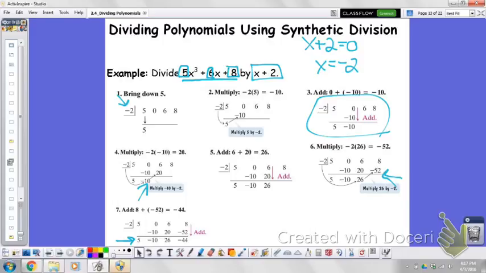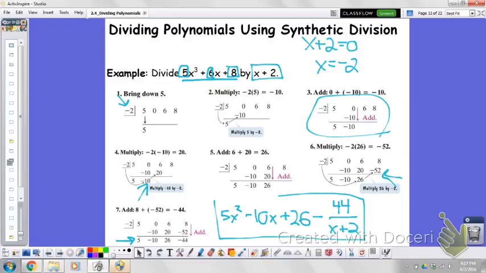So our answer is going to be 5x squared minus 10x plus 26 minus 44 over x plus 2. So that is our solution.